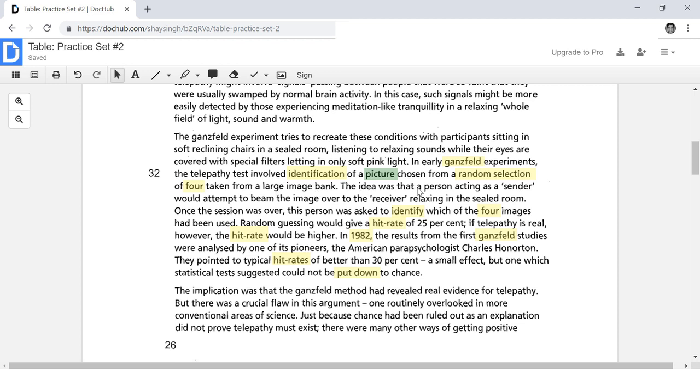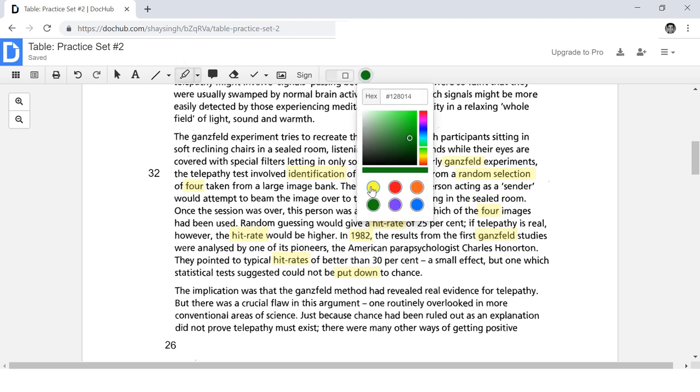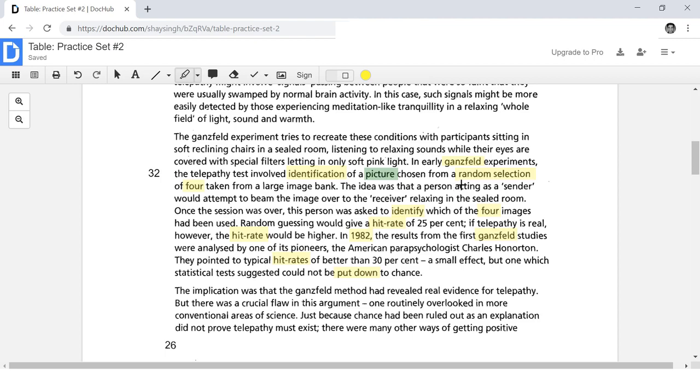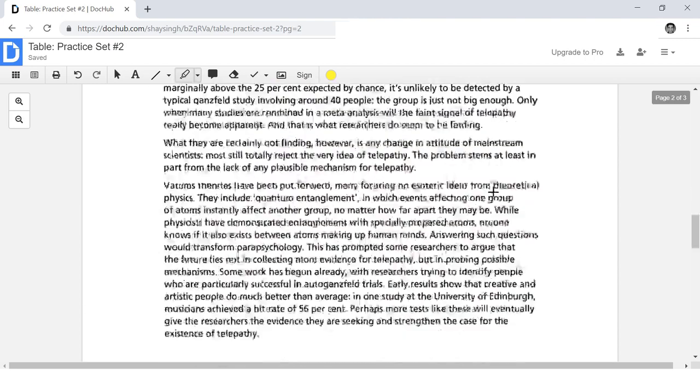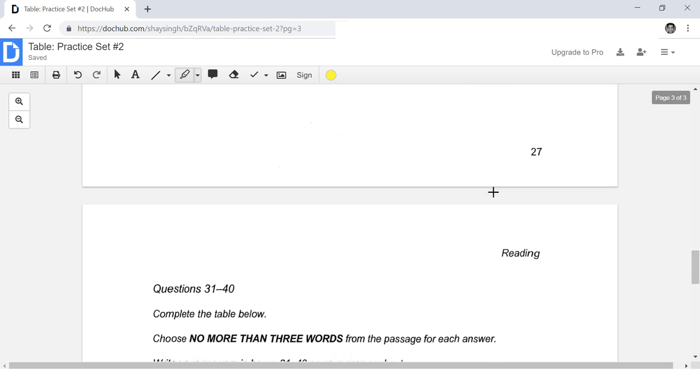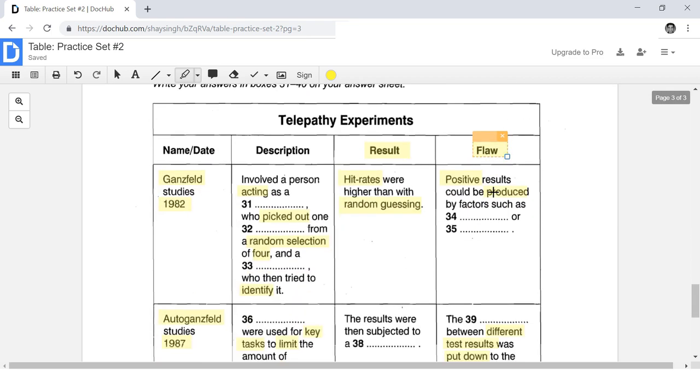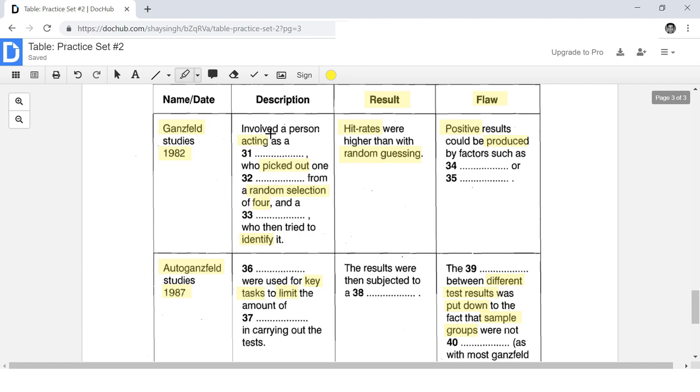And then let's read on. Here it says, the idea was that a person acting as a sender. So I remember this was another one of our keywords. We had a question in which it talked about acting in a certain way. Acting as. So down here we have acting as.